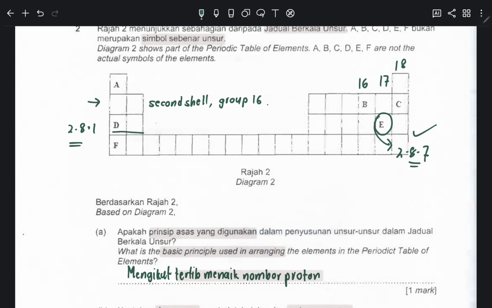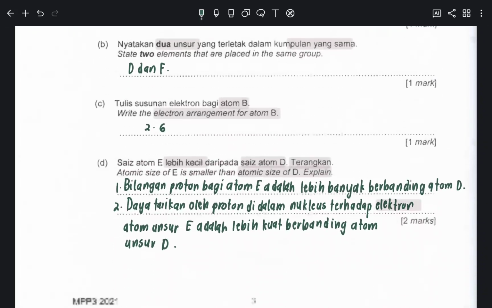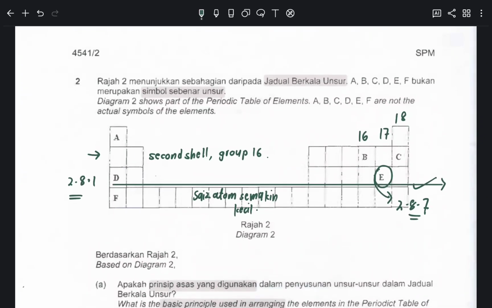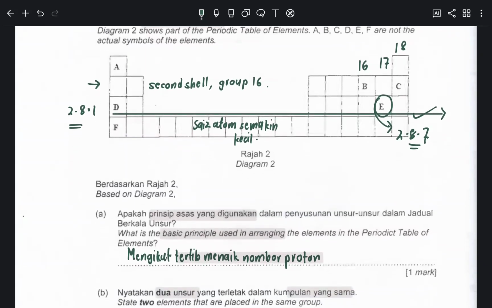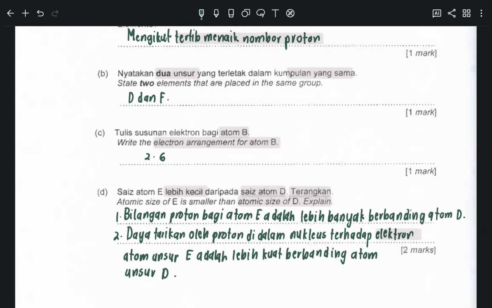One of the properties of period 3 is that going to the right, the atomic size becomes smaller. Why smaller? Because of electronegativity. Electronegativity means the more protons, the smaller the atom size, because the protons pull strongly. That is why the size of atom E is smaller than D. Understand? Because it has more protons. So when there are a lot of protons, the attraction force is stronger. So when the attraction force is stronger, the protons in the nucleus will pull the electrons towards the nucleus.